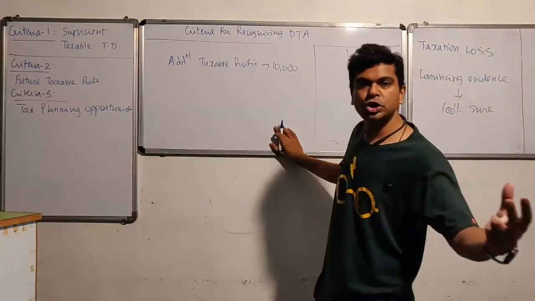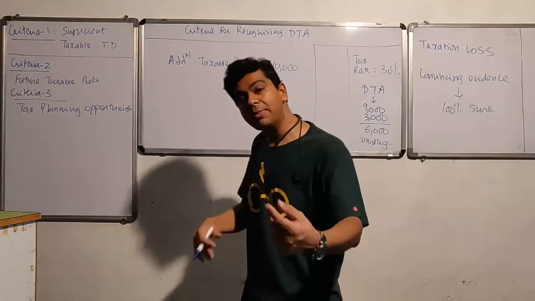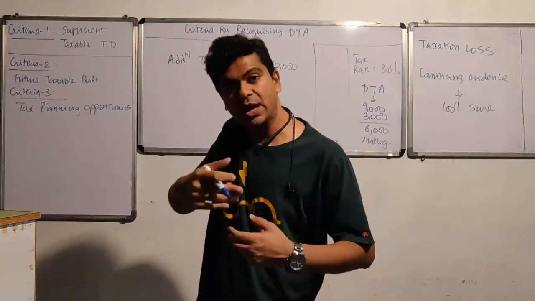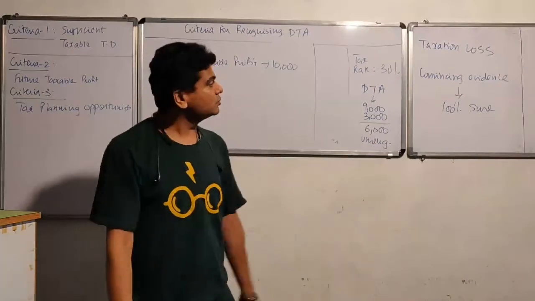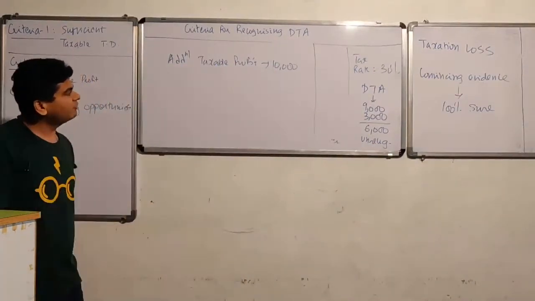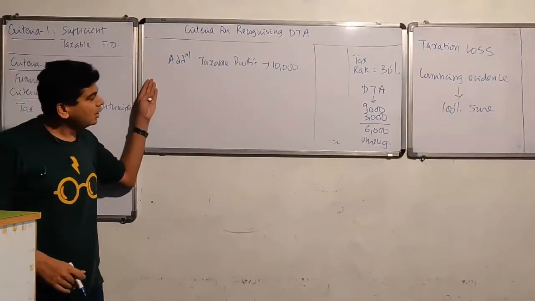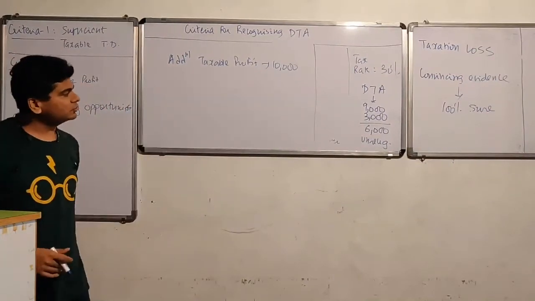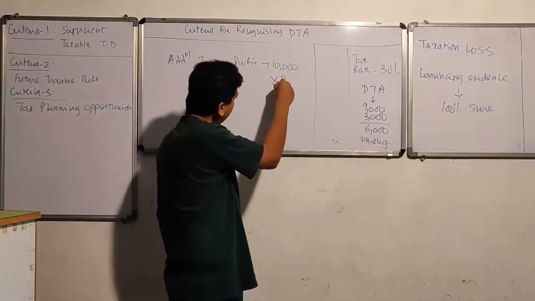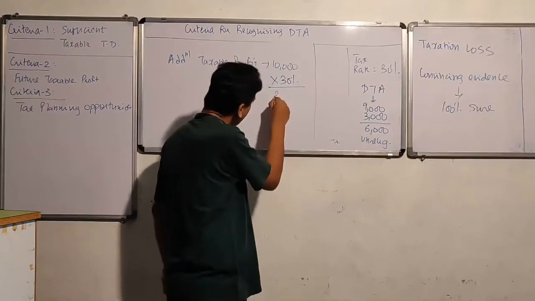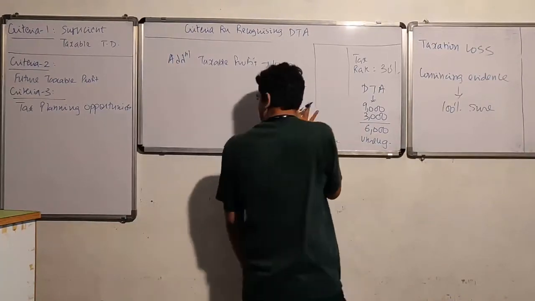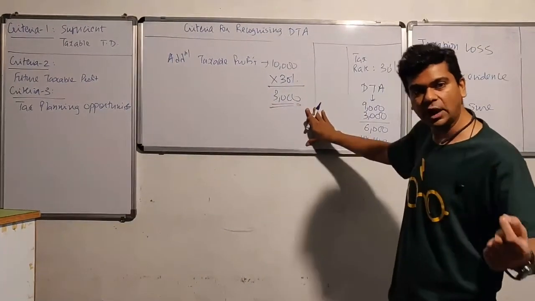I have an opportunity of increasing my taxable income and I exercise that opportunity. And because of that, extra taxable income of 10,000 is generated. This I will multiply by 30%, so I get 3,000 rupees. So I will have to pay tax of 3,000.